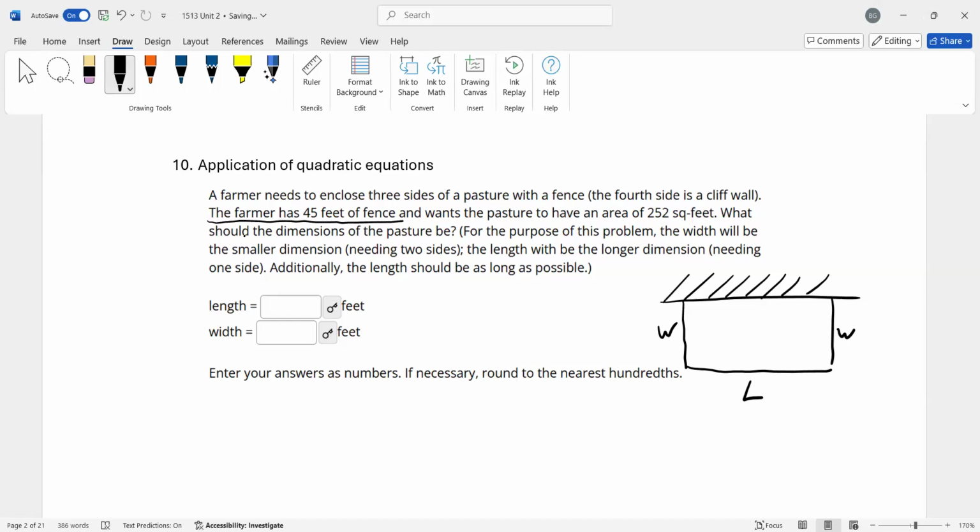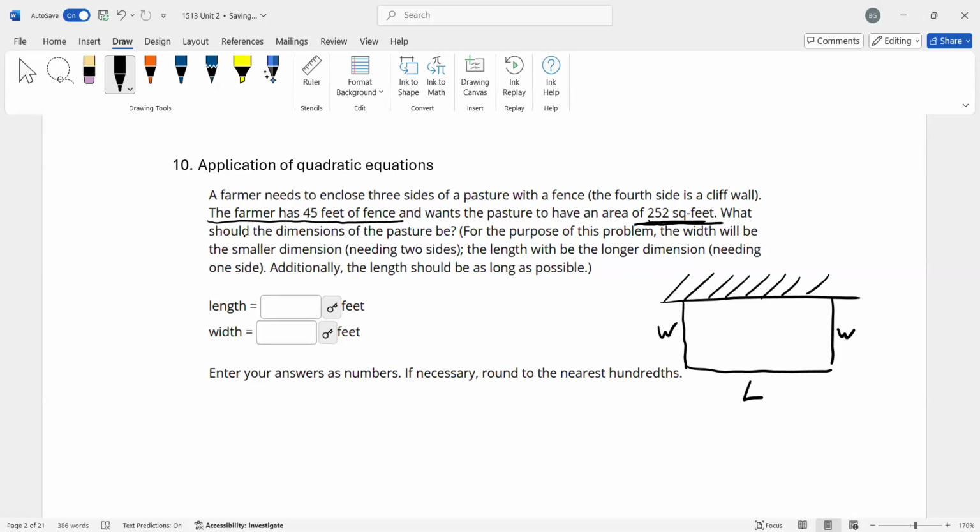It's kind of like the perimeter of the pasture, excluding the side next to the cliff wall. And we also know the area, 252 square feet.